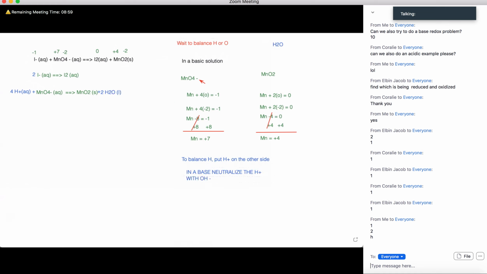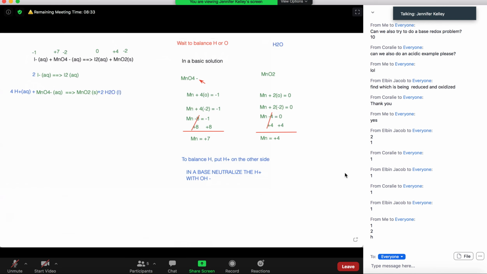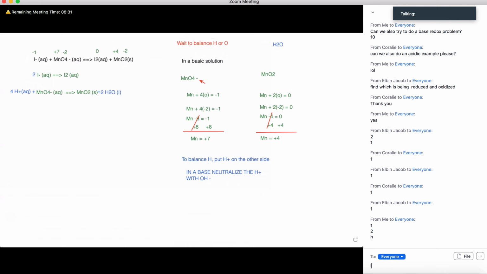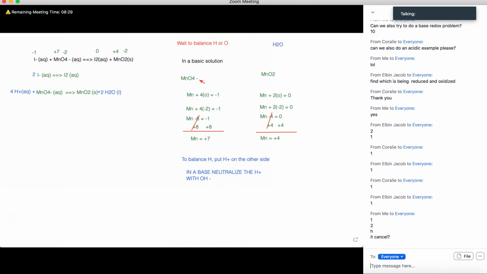Okay? So how many OH minus would I add to neutralize 4 hydrogen? So if I have 1 acid and 1 base, what happens? They'll cancel. They'll neutralize each other.